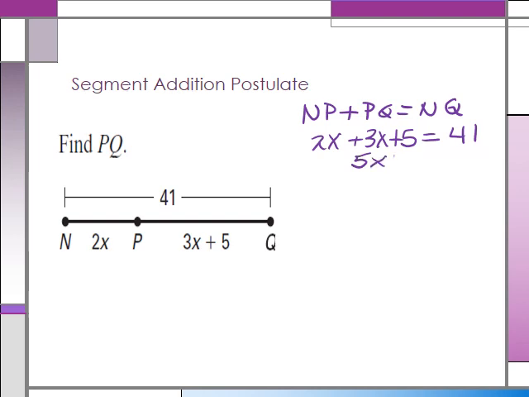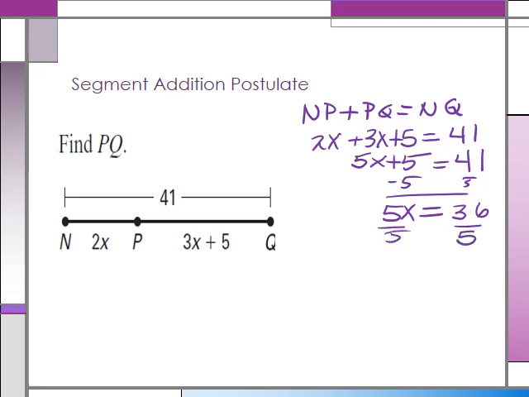So when we combine like terms, we get 5x plus 5 is 41. If we subtract 5 from both sides, we get 5x equals 36. Then if we divide by 5, x is 36 fifths.